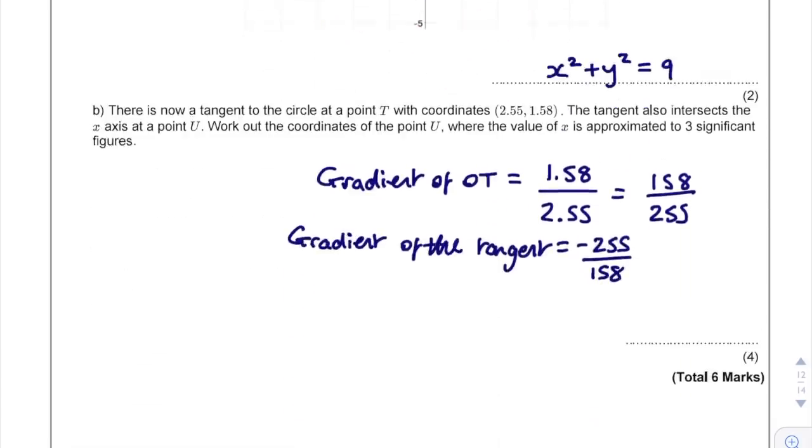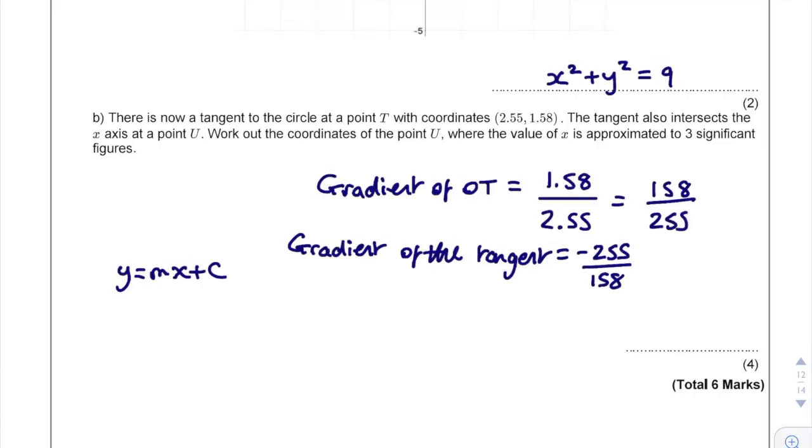So that's the gradient. Now the equation of the tangent is going to be in the form y equals mx plus c. So m's the gradient, which is minus 255 over 158, but we need to work out what c is. We can work out c using the point T, which is 2.55, 1.58. So y is 1.58, and that's equal to minus 255 over 158 multiplied by our value of x, which is 2.55, plus c.